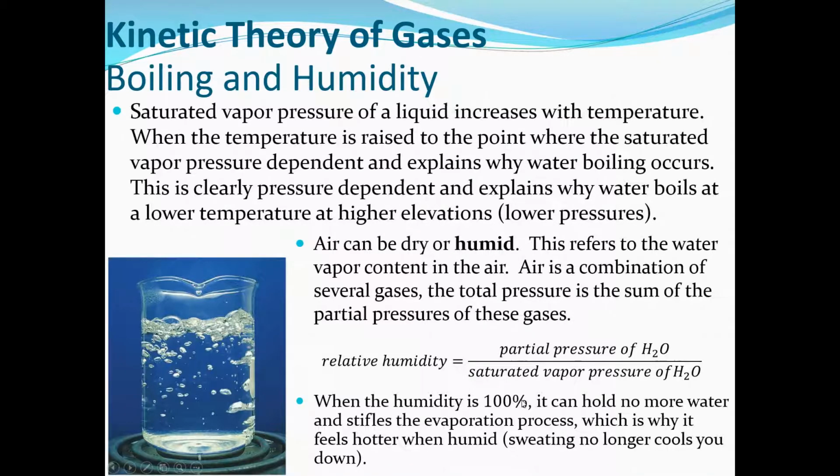And this is the whole idea: when humidity reaches 100%, the air is no longer able to hold any more water, and there's no net evaporation. Like I said, you might have some water vapor evaporating, but an equal amount is also condensing.